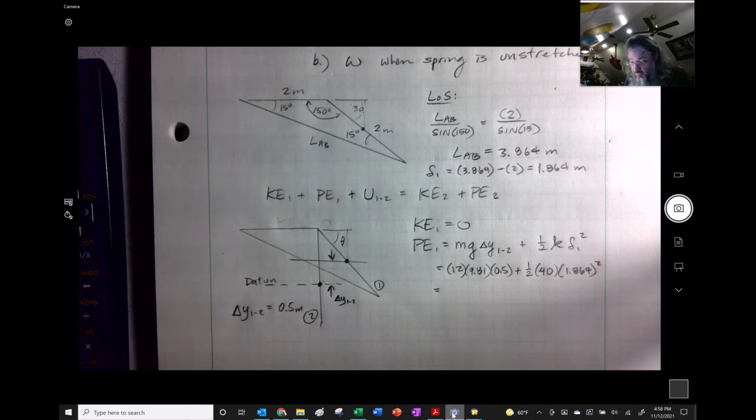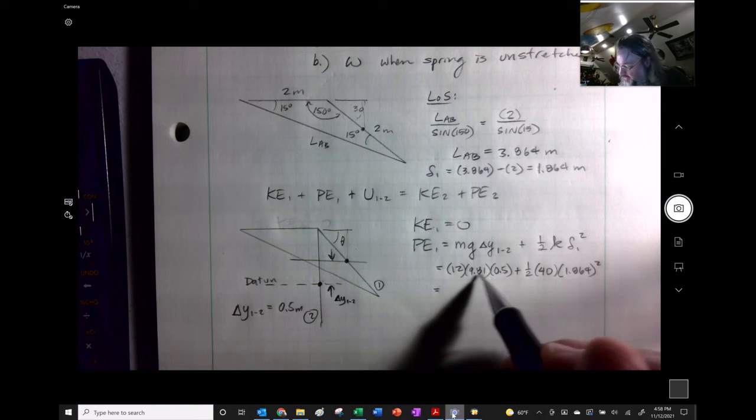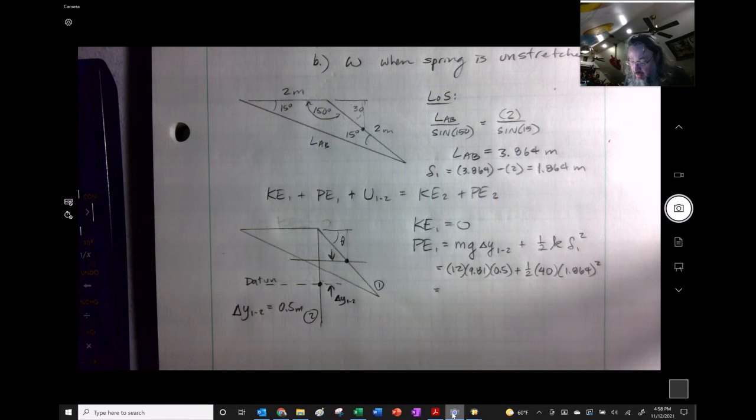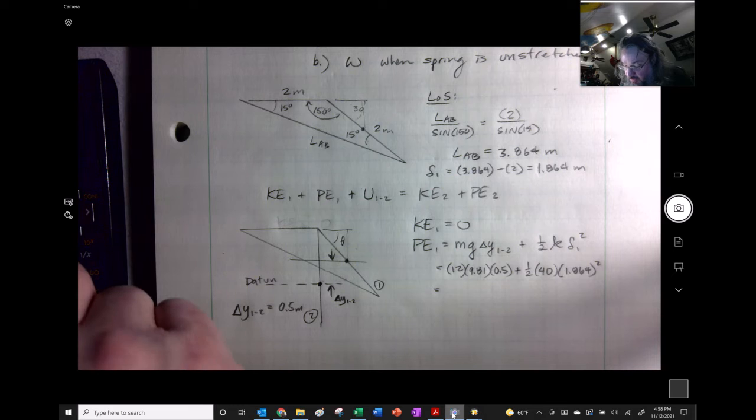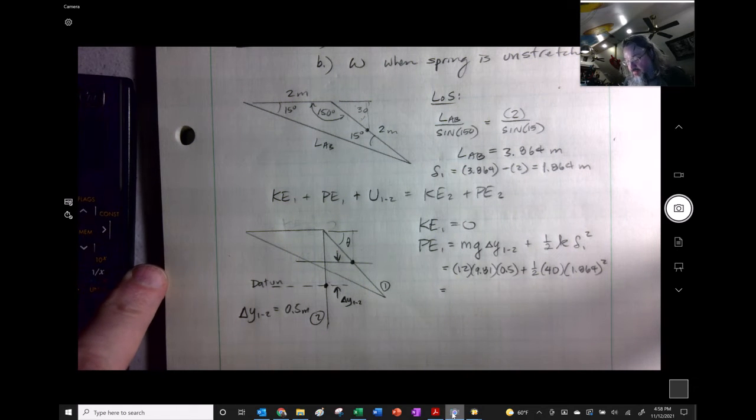So we have 12, 9.81 times 0.5. This portion right here comes out to 58.86. And this other guy, 1.864 times 40 divided by 2, ends up being 69.49.